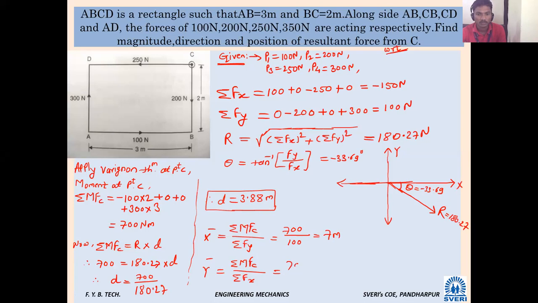Then y bar is 700 divided by summation Fx, minus 150, equal to minus 4.66. So here I will write x bar equal to 7 meter, y bar equal to minus 4.66 meter. This will be the position of the resultant.